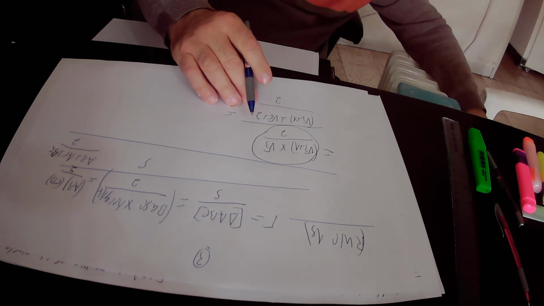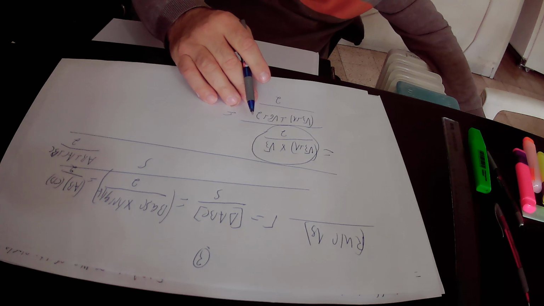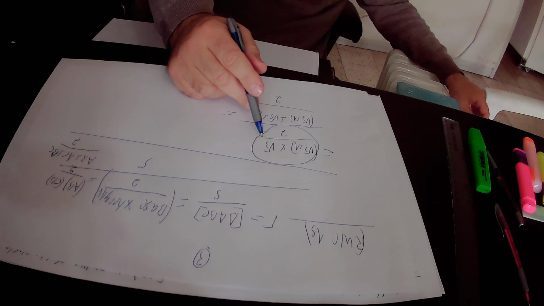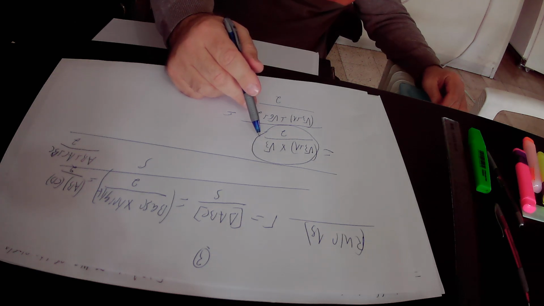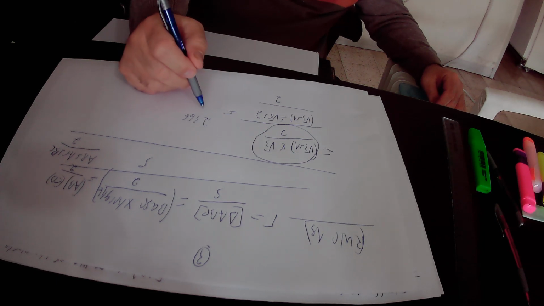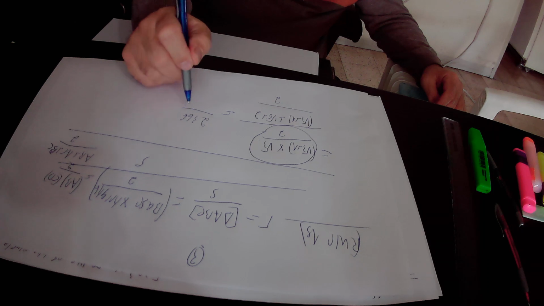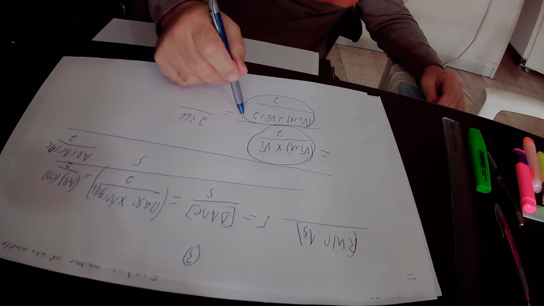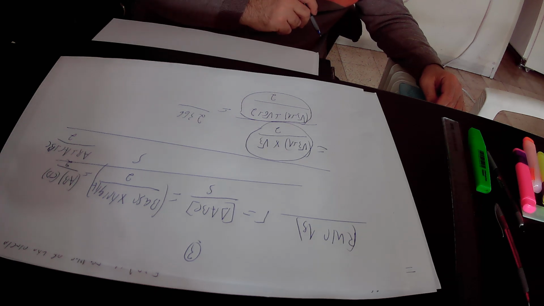The value of this expression, that is to say the area of triangle ABC, is 2.366 square units, all divided by this expression, that is actually the semi-perimeter of the same triangle ABC.